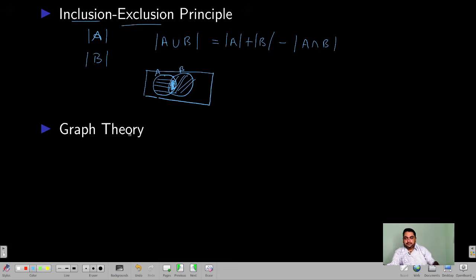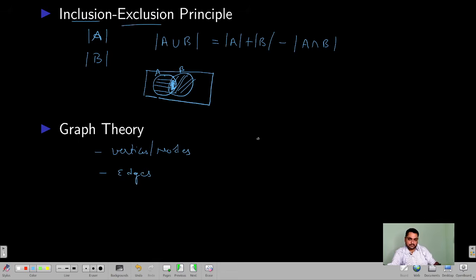Okay. Next one is graph theory. For computer science background students, you know what a graph and graph theory are. We usually define graphs in terms of a set of vertices, also called nodes, and then edges connecting the vertices.